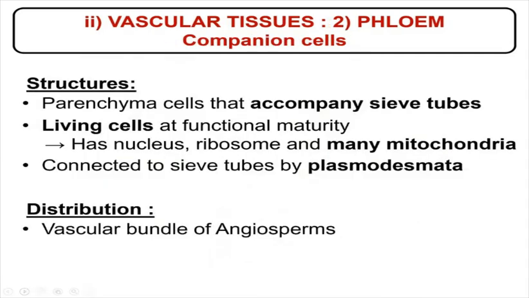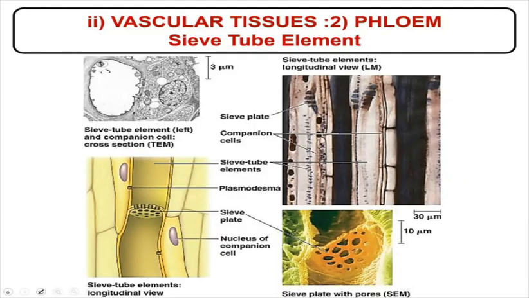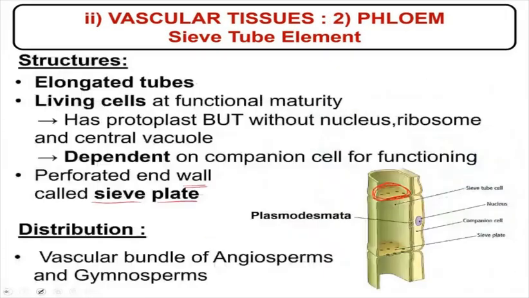The companion cell of the phloem is a living cell that has nucleus, ribosome and mitochondria. They are connected to sieve tubes by plasmodesmata. Kita tengok kat mana plasmodesmata. Alright. Plasmodesmata ni is another type of pore lah. Liang ataupun connector between one plant cell to another plant cell.